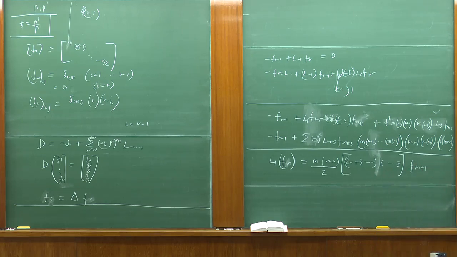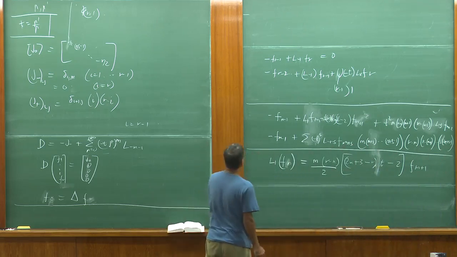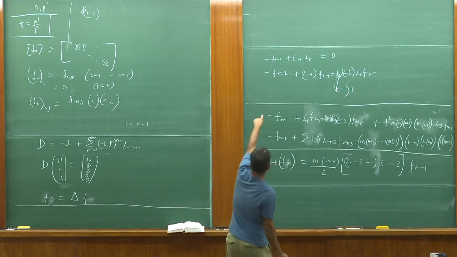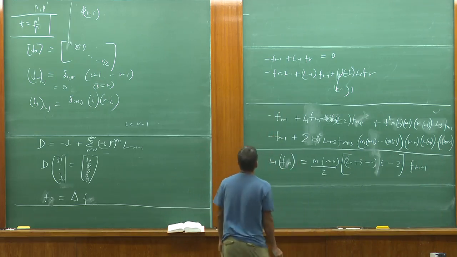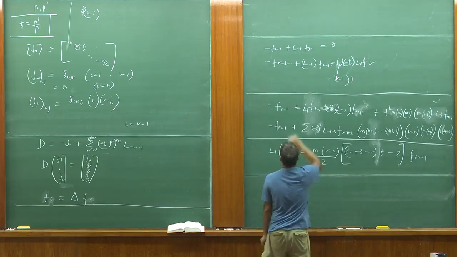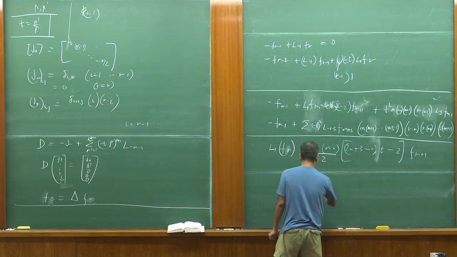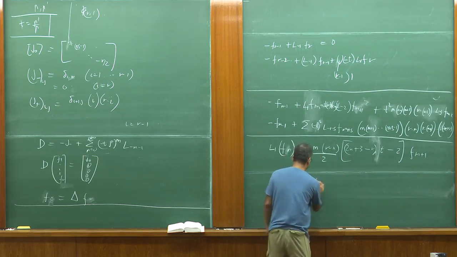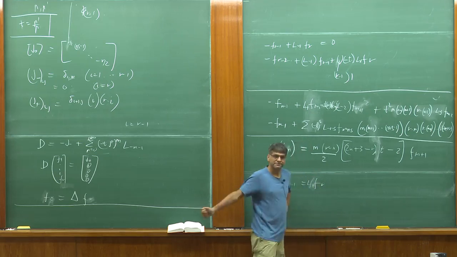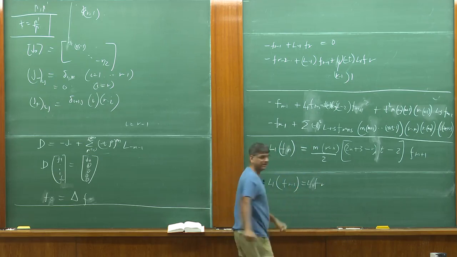Now let us proceed to take a look at the first guy. We had fr minus 1 equal to fr with an L minus 1. So let's act with L1 on fr minus 1.